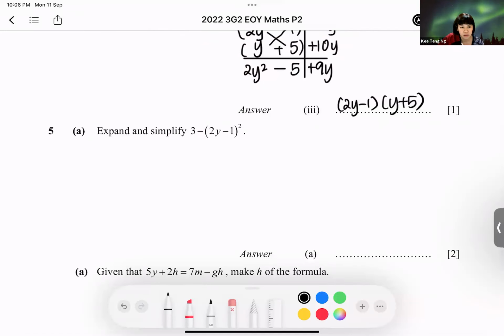This one, do slowly because there might be some careless mistakes that you might make. All right, let's begin with the first part. They say expand and simplify 3 minus, I will always put a big gigantic bracket over here, 2y minus 1 whole thing square. Now, what is 2y minus 1 whole thing square?